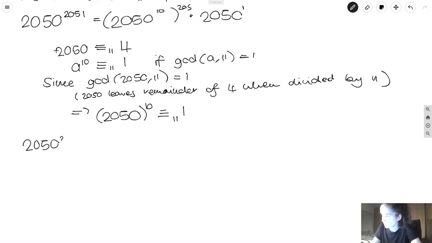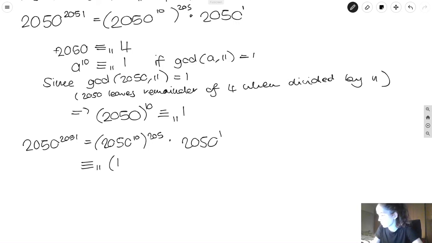Writing this over again, 2050 to the power of 2051, which is 2050 to the power of 10 times 205, times 2050, then this mod 11 is going to be 1 to the power of 205 times 4, which will just be equal to 1 times 4, so this will be equal to 4.